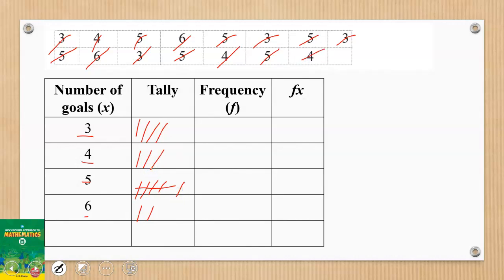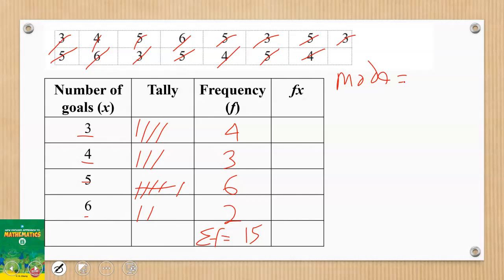So we can put the frequencies as 4, 3, 6, and 2. Then we can also add our total frequency. Total frequency is 15.